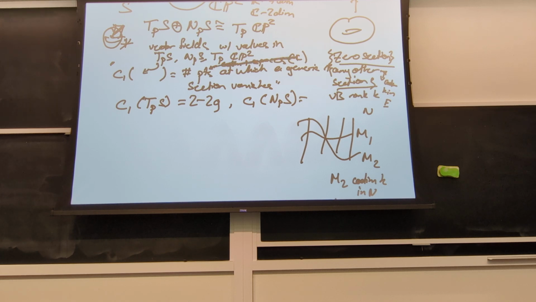So I guess this is still wrong. I'm not going to formally say what a Chern class is, but essentially over here you have a complex line bundle for the tangent space and the normal space, right? Because they're both one-dimensional. The tangent space is two real dimensional, which is one complex dimension, and the normal space has to be the complement of that, which is also one complex dimension.